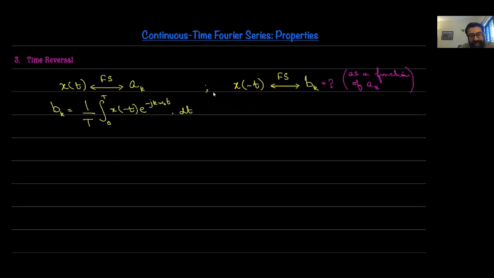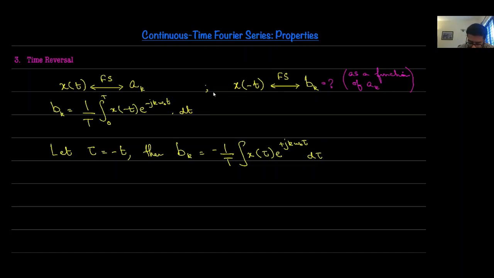Now, in order to relate this to a's, I'm going to make a change of variables once again. If I let the new variable tau be equal to minus t, then b sub k is given as 1 upon T, and this is x of tau e raised to the power plus j k omega naught tau, and dt is going to be equal to minus d tau. So this is d tau, and there's a minus sign outside.